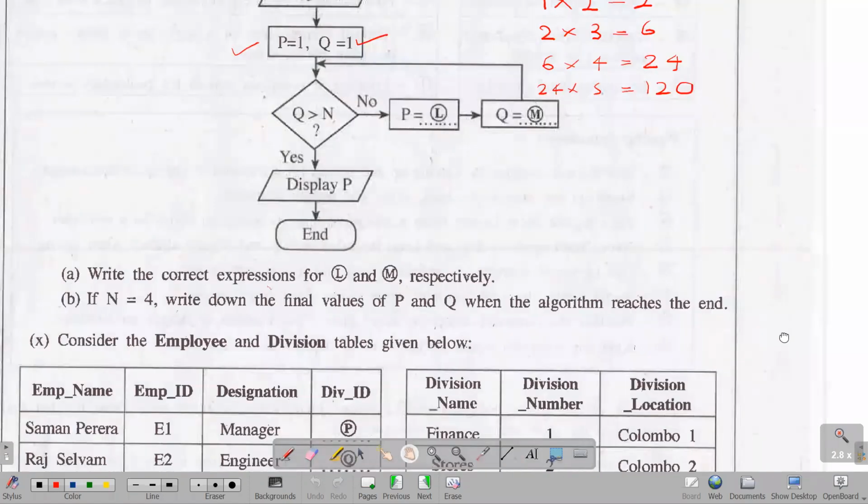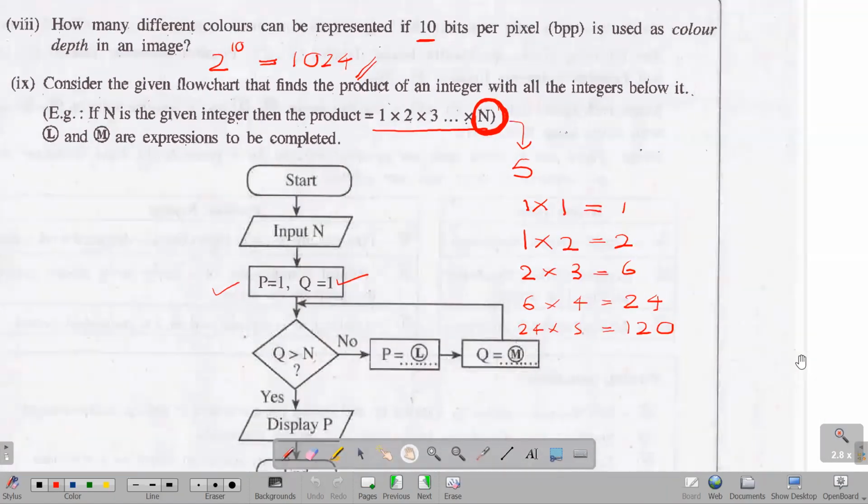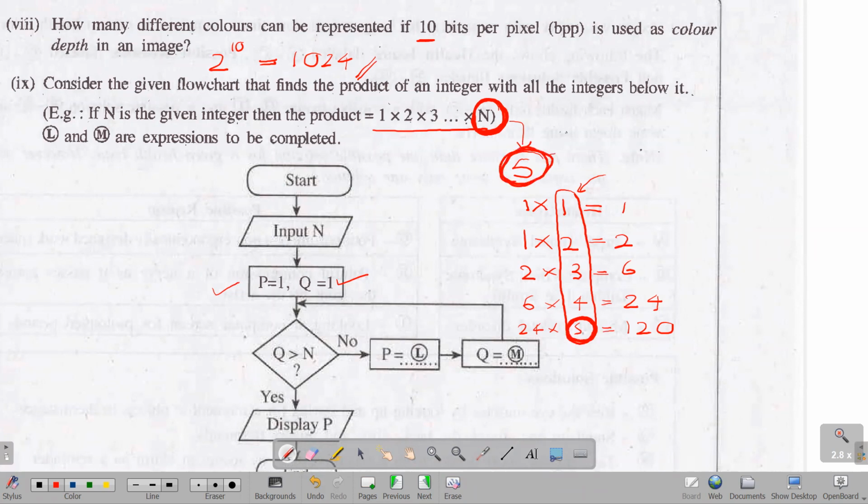Now, what is happening here is that you have a particular variable which is increasing, starting from 1 up to the value given by the user. This is the user given value.